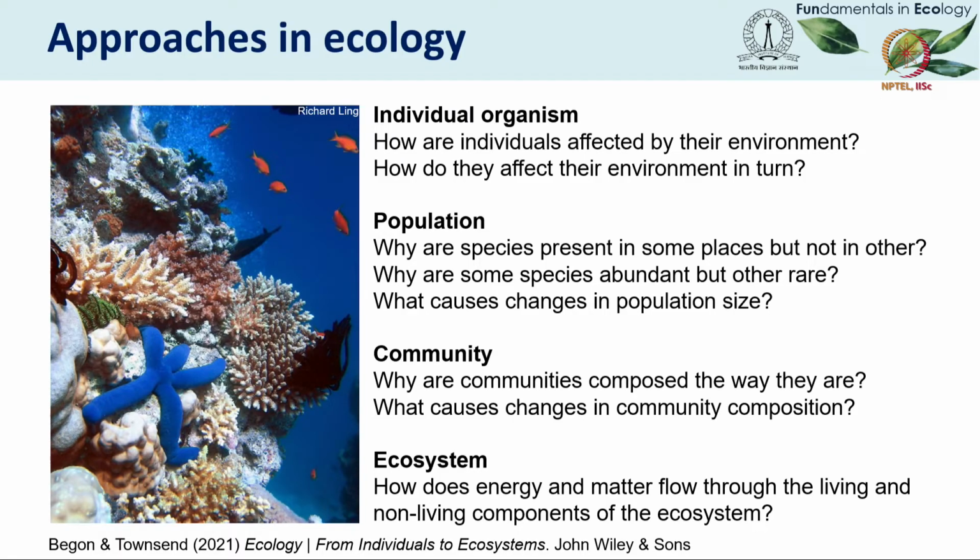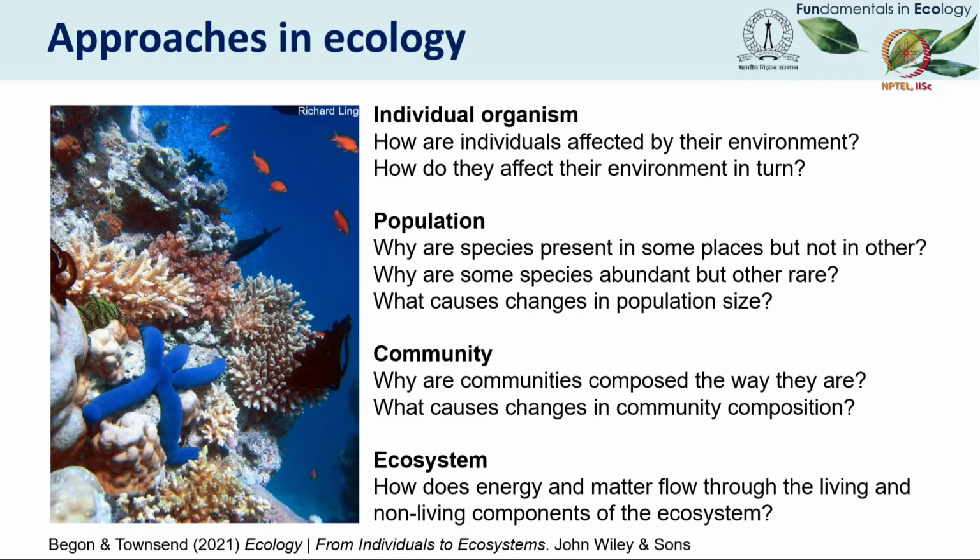Why do we see that kind of pattern? And then what causes changes in community composition? Right? What causes one species to become rare over time and another species to become common? Why does that happen? What is the mechanism underlying those changes?